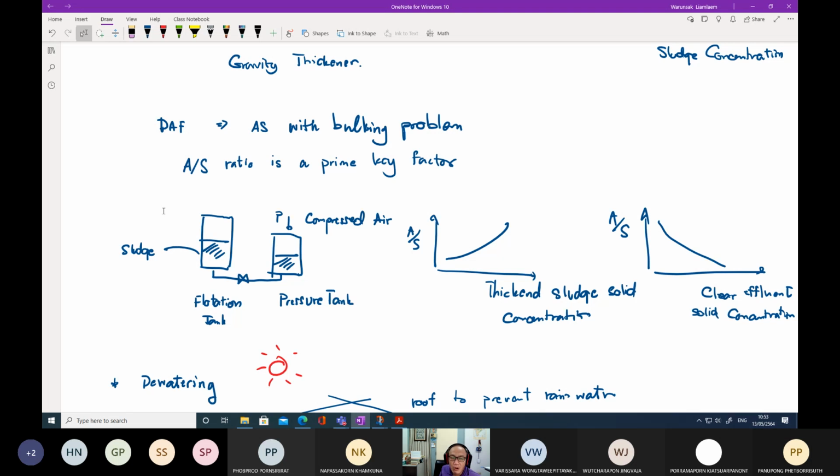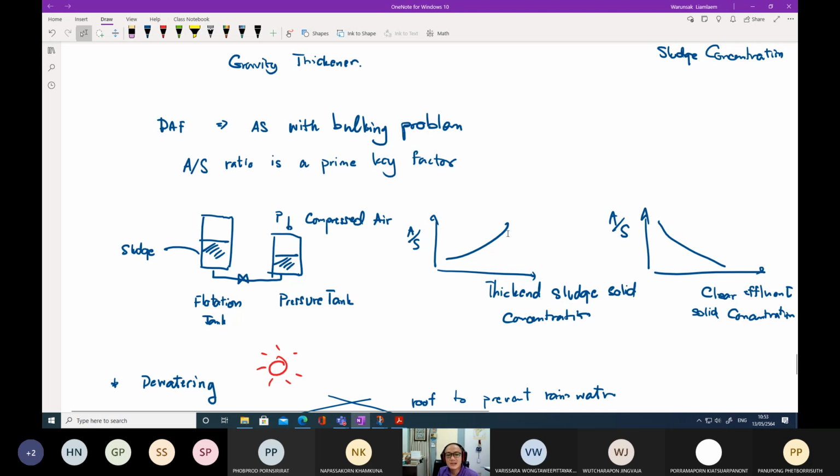But anyway, for dissolved air flotation, there is one parameter which is a key factor, called the air to solids ratio. A stands for air, S stands for solids. So if we have a higher concentration of solids, we have to apply more air, right? This is the relationship.